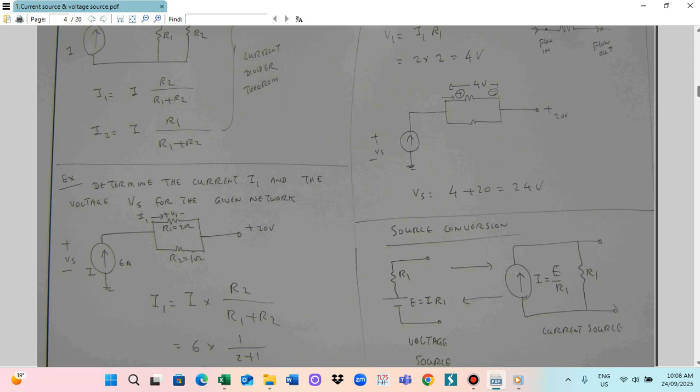So this is the resistor here. This one is the flow in, and this one is the flow out. So flow in is positive and flow out is negative. Because of this, if you want to find the supply voltage Vs, you calculate 4 plus 20. You get 24 volt.